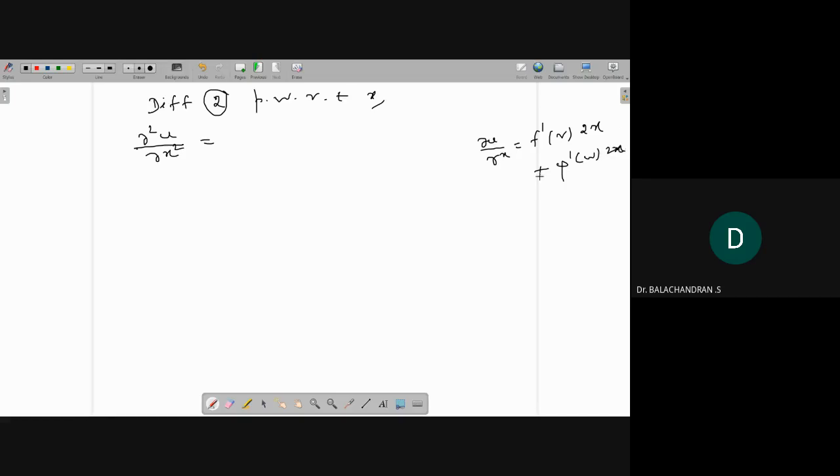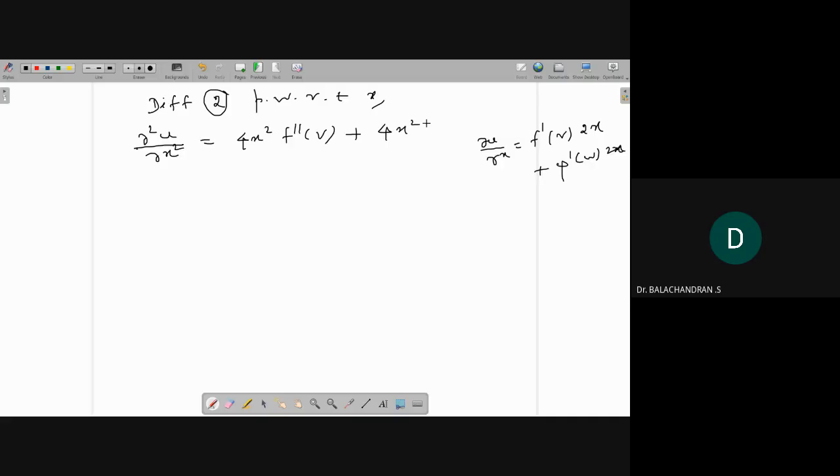So I am going to differentiate this one with respect to x. 4x square f double dash of v plus 4x square phi double dash of w.